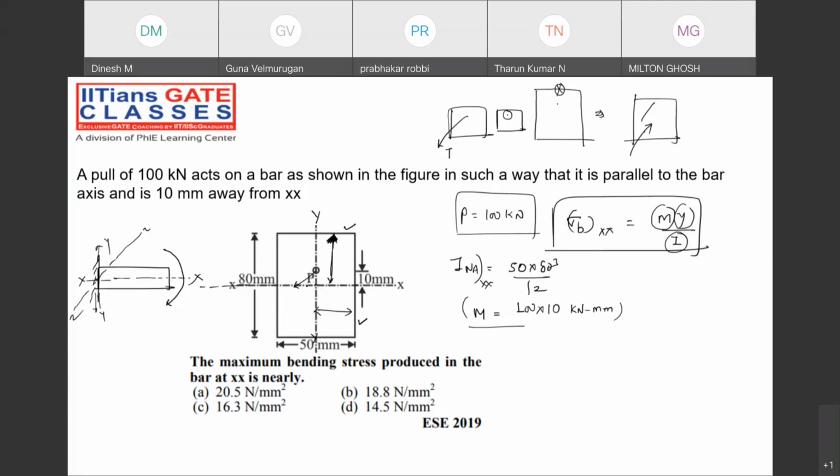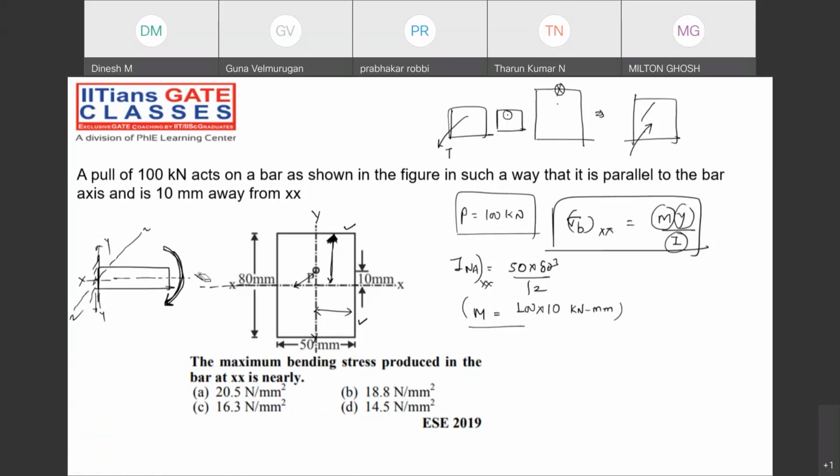See, when this particular load is making the moment about the x axis, my dear friend, whenever it is making a bending moment about that axis, the x-axis is not something like this.